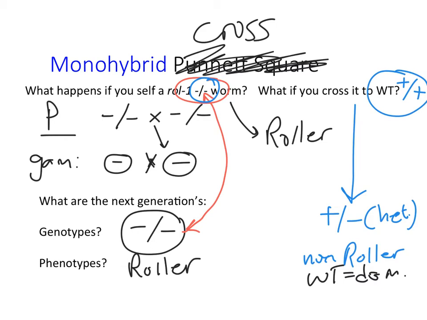Sir? So are we to assume that since the plus minus is a non-roller, that the minus is not sufficient to make it roll? That would be an accurate interpretation. So having one copy of the mutation is not sufficient to create a roller.